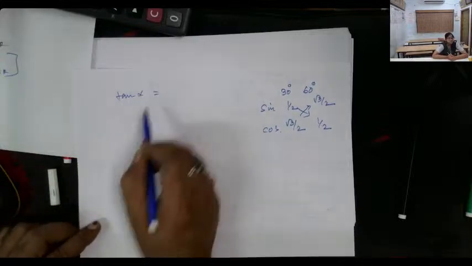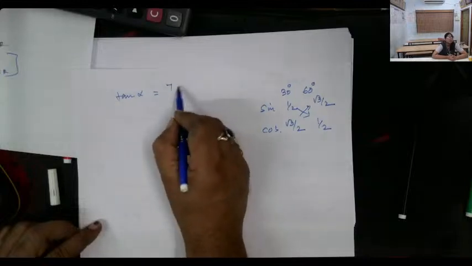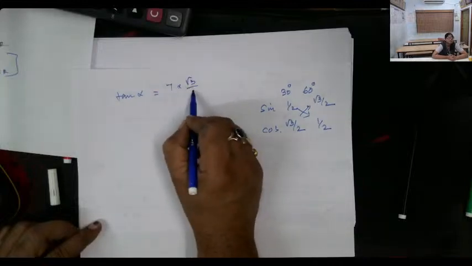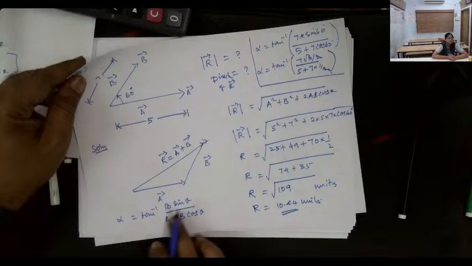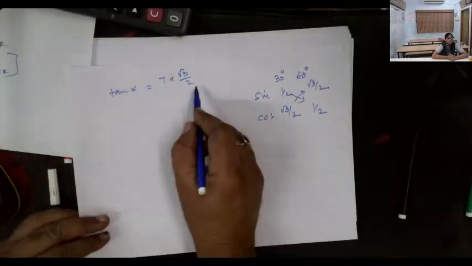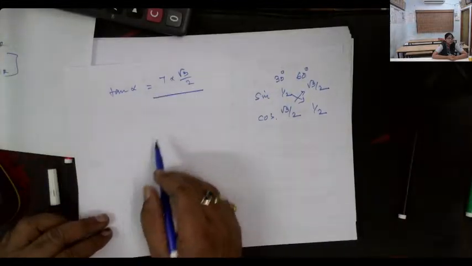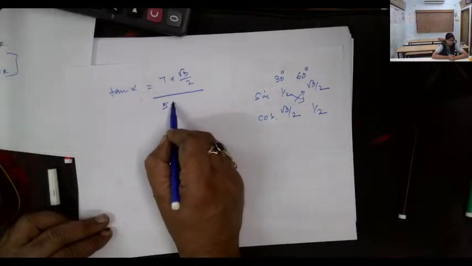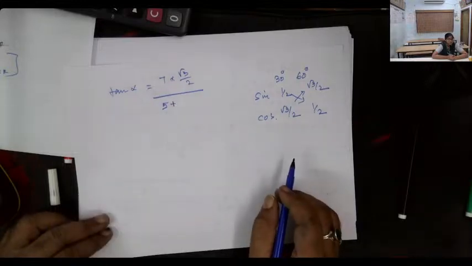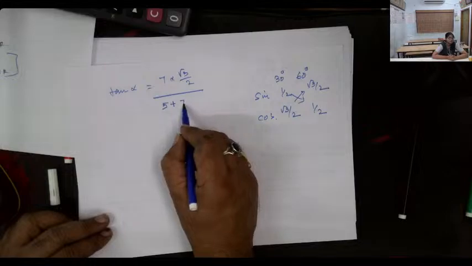Tan alpha is equal to 7 into root 3 by 2. The formula says B sin theta divided by 5 plus 7 into 1 by 2.